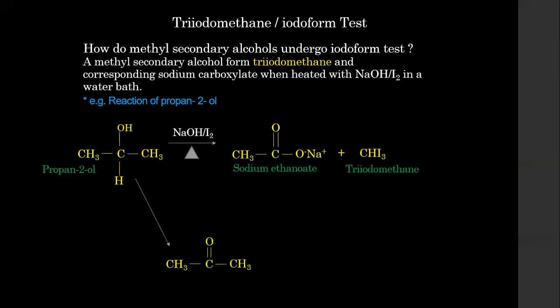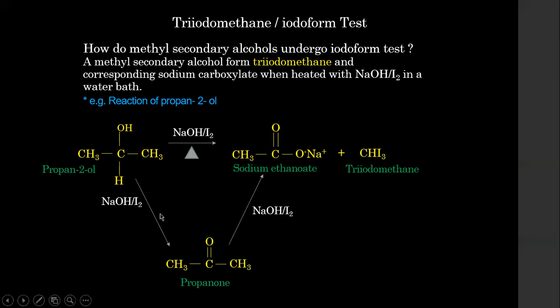And then this ketone is going to form sodium ethanoate. You know that this reaction is possible because this is a methyl ketone. If you see very clearly, there are two reactions happening. Both reactions are happening in the presence of sodium hydroxide and iodine. Of course, heating has to be done.